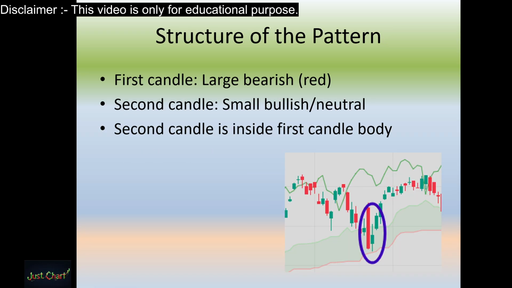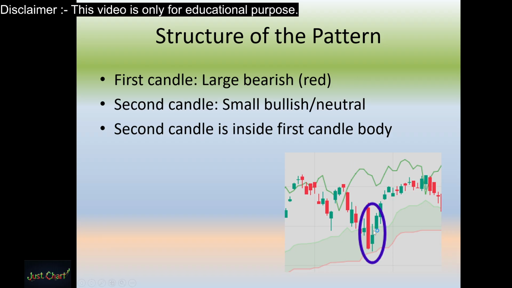So, the structure of the pattern. I just pulled this one from an actual chart. The first candle is a large bearish red candle, which is this particular candle, and the second candle is a small bullish, neutral candle, this one.